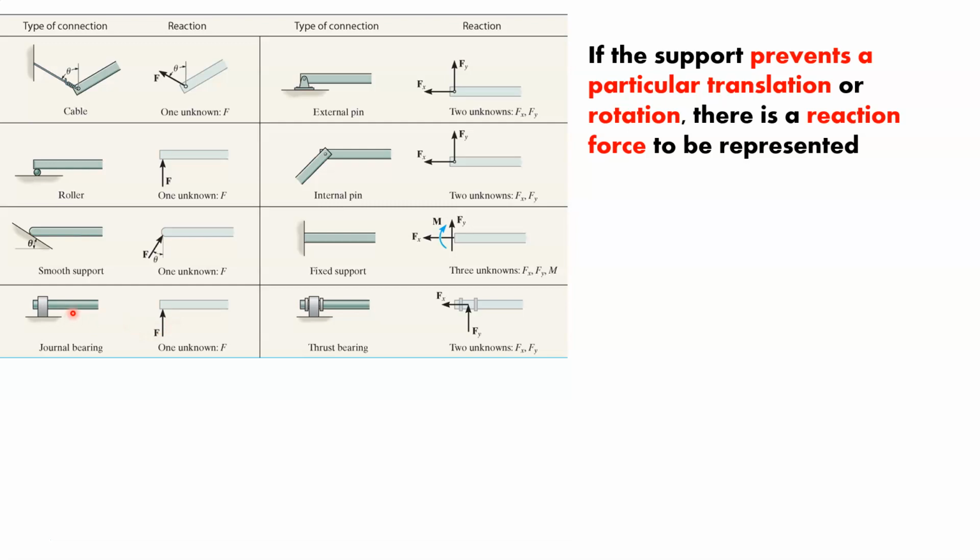Now, if there's no lateral load, or no shearing load on this beam, this could very well go to 0, but you do represent it. Over here, the thrust bearing, by its design, stops you from going axially and laterally. And again, if there's no axial load being applied, this goes to 0, but you still have to acknowledge the thrust bearing is preventing translation axially.